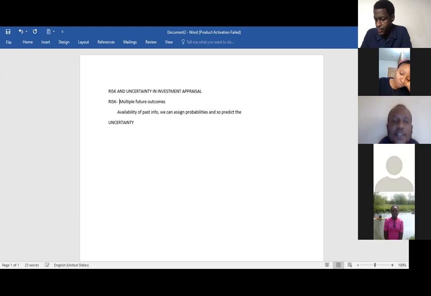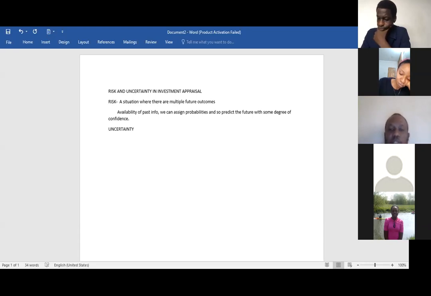So the idea is that a situation where there are multiple future outcomes, and then there's availability of past information so that we can assign probabilities and predict the future with some level of confidence. With some degree of certainty, yes.